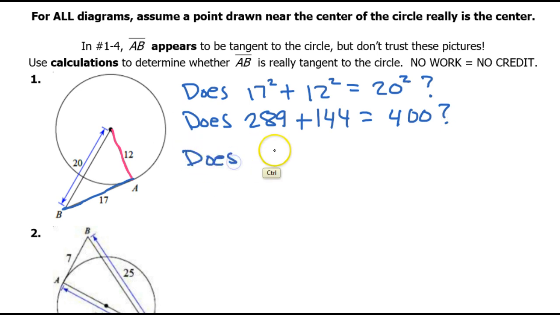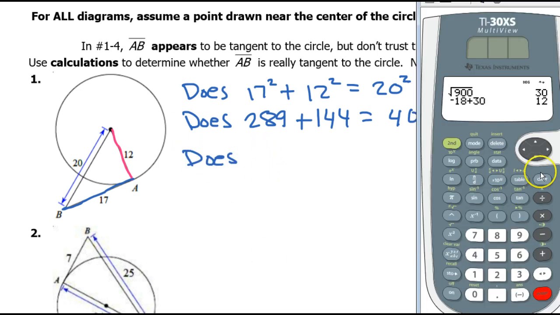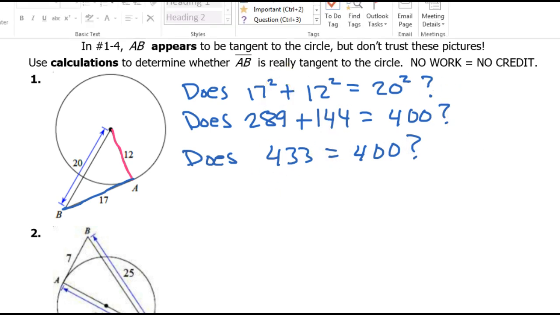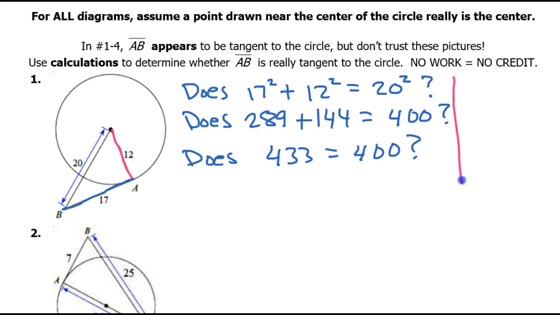Well, in other words, does 433 equal 400? Well, obviously not. So we will say no. So segment AB is not tangent.